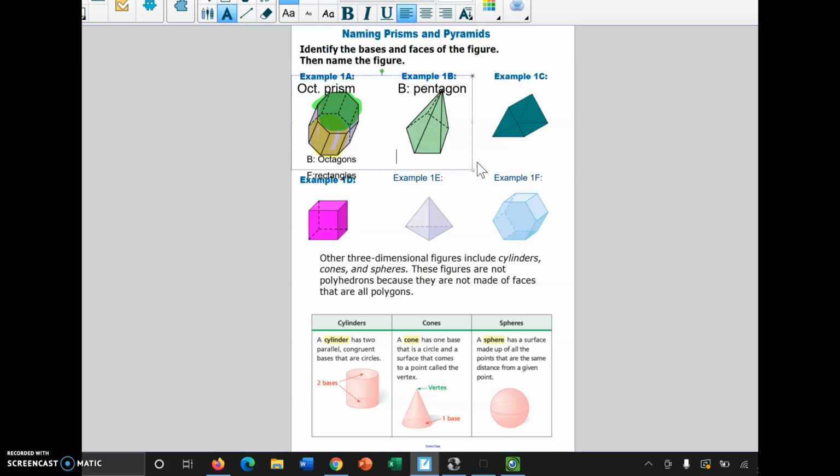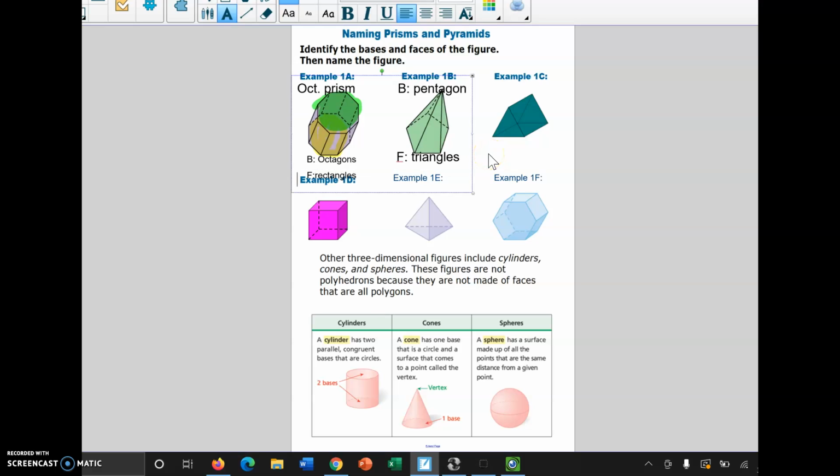So I'll put F for faces. These are triangles. Okay. If it has 2 bases, it's called a prism. If it has 1 base and it's a polygon, just like this one, and it comes to a point, that's called a pyramid. So we've got a pentagon for the base, and it comes to 1 point, so that's called a pentagonal pyramid.